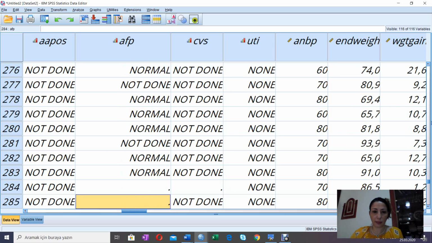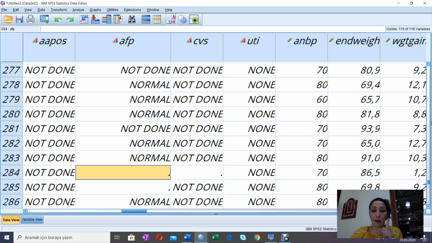Look, for example, these ones, these are missing values. Okay, so we didn't even write whether we measured this alpha fetoprotein for these patients or not. We just left it blank. Okay, and when you leave something blank, it puts a dot. This means it is blank.